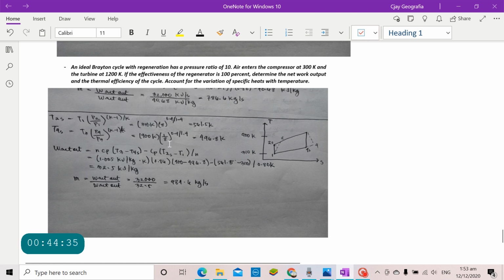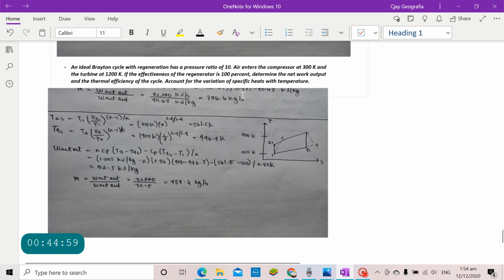Assumptions: 1. The air standard assumptions are applicable. 2. Air is an ideal gas with variable specific heats. 3. Kinetic and potential energy changes are negligible. The properties are given in the table there, and in the analysis, noting that this is an ideal cycle, the compression and expansion processes are isentropic.